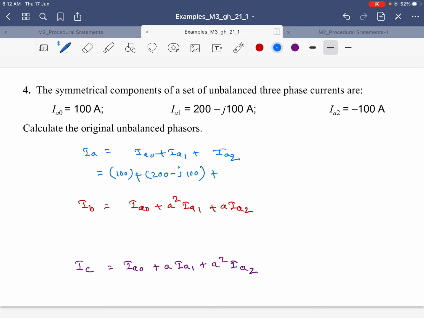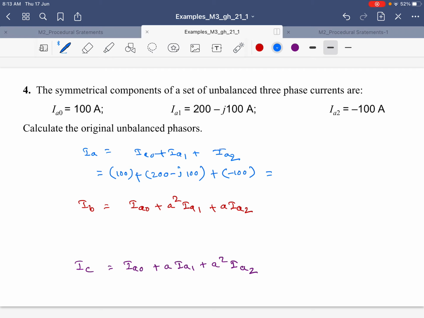Then the value of IA2 given is minus 100, again in a bracket. Use your calculator and you get the answer in rectangular form, then convert it into polar form.